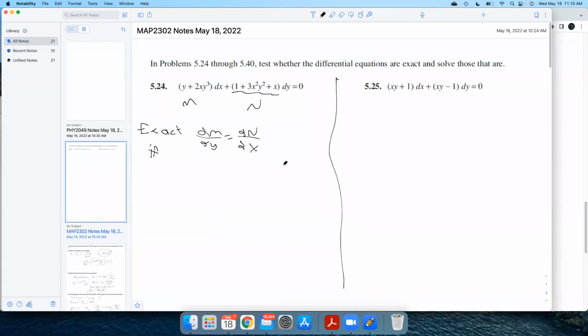If it's not exact, the Schaum's outline does show you a trick using integrating factors. For DEs that are not exact, you can sometimes convert them into an exact DE.